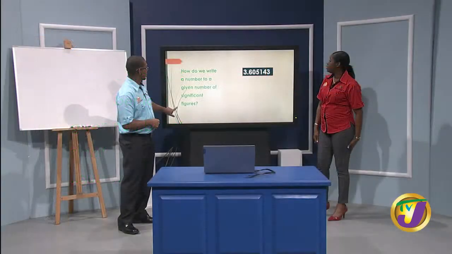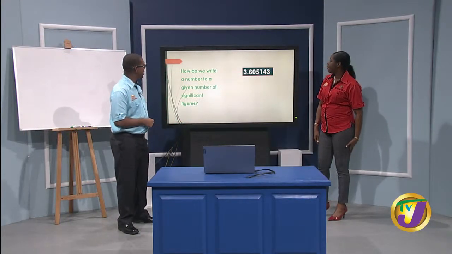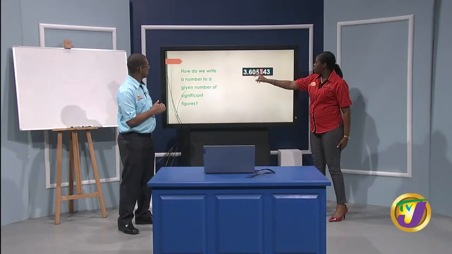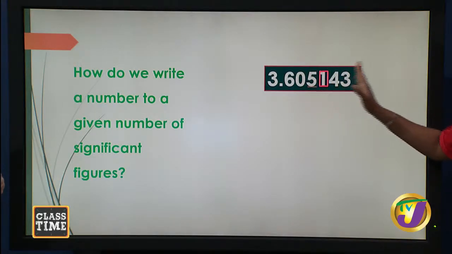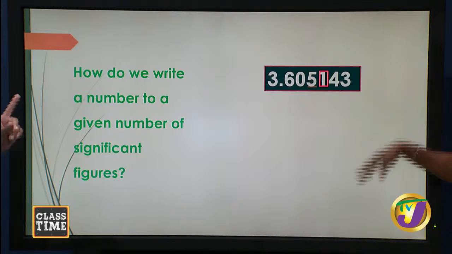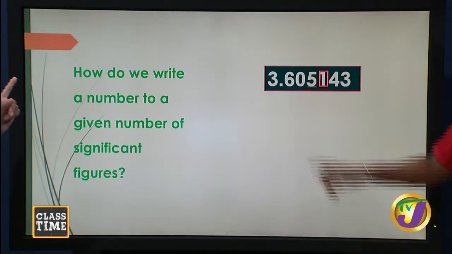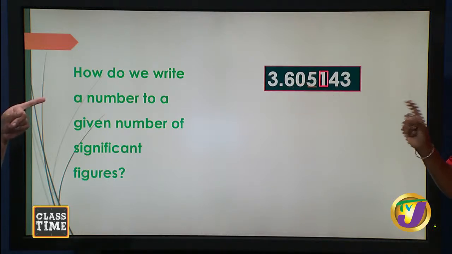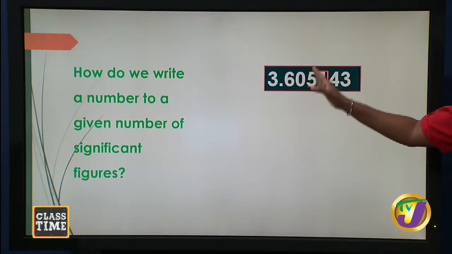Okay, let us look at this one to four significant figures. All right, so we would have 1, 2, 3, 4. So we know we don't need the 1, 4 and 3. Nikisha, that 0 is an issue. Do we consider that significant or not? Yes, it is, based on what we want to maintain, the value.